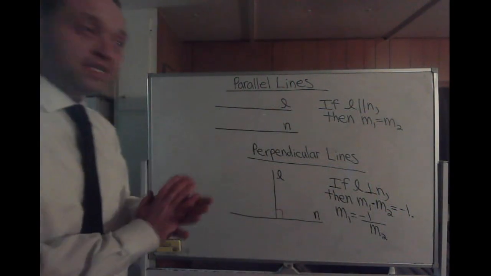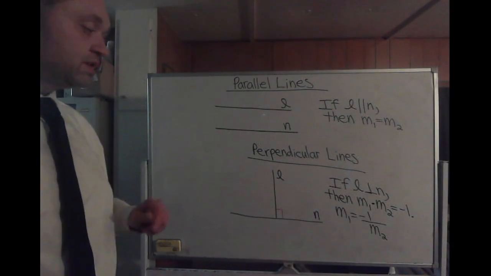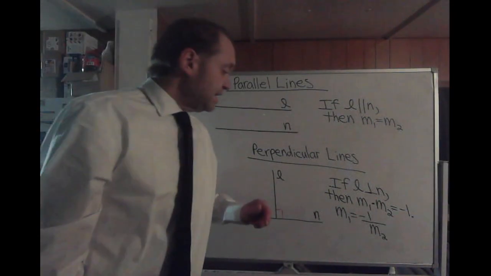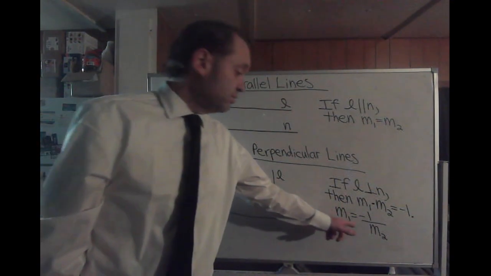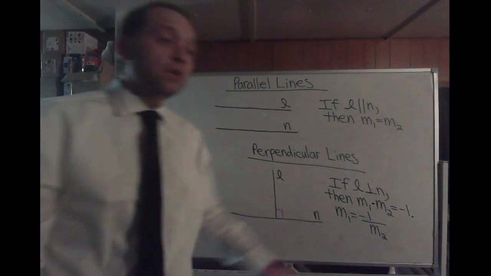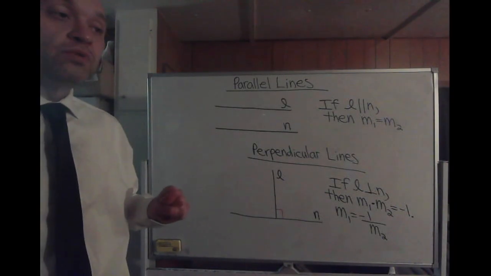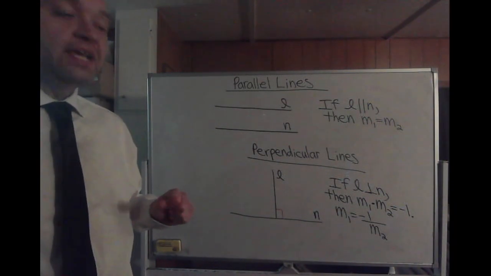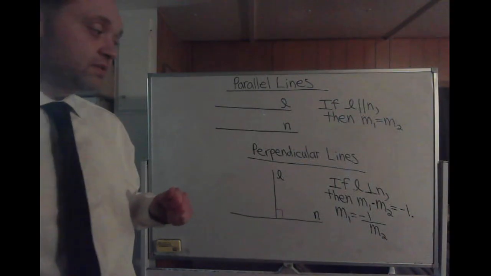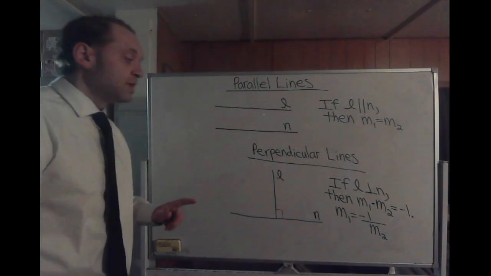That's true every time for perpendicular lines. Another way to look at this is the slope of one line is equal to the negative reciprocal of the slope of the other line. That's how you can tell if they're perpendicular.